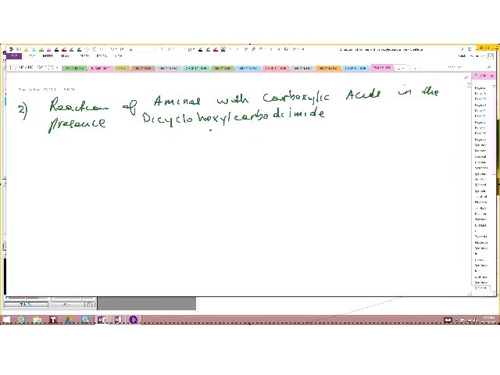This molecule we give the acronym DCC. So in the future, just simply write DCC: D for the D here, C for cyclo, and then carbodiimide. This is the molecule here, so you don't need to write out that molecule.